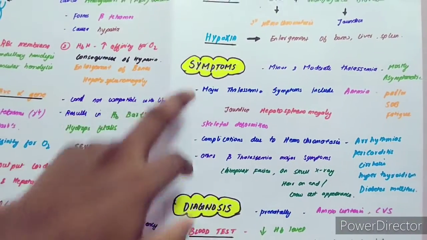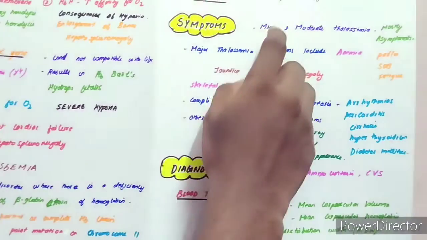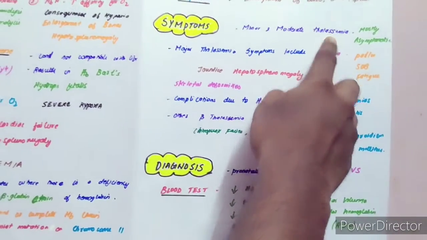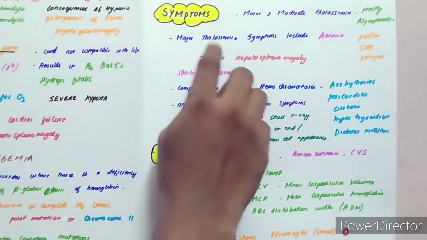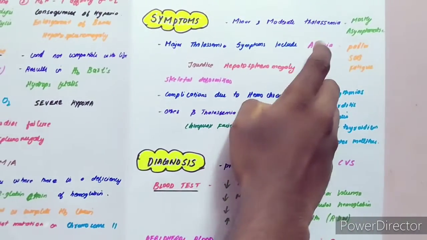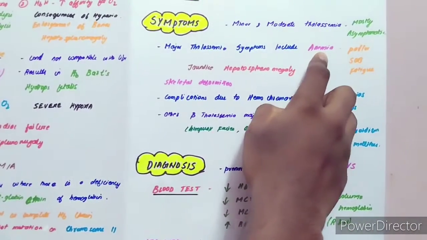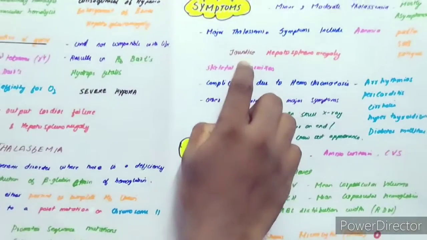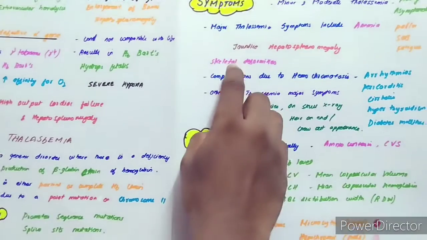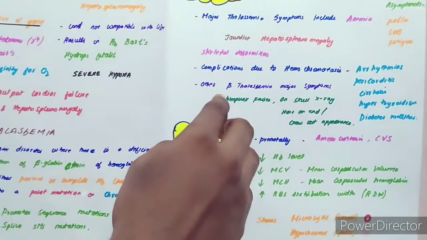Now, we're coming to the symptoms. In minor and moderate thalassemia, mostly they are asymptomatic. There won't be any symptoms. In major thalassemia, symptoms include signs and symptoms of anemia like pallor, shortness of breath, fatigue, and also jaundice, hepatosplenomegaly, skeletal deformities.